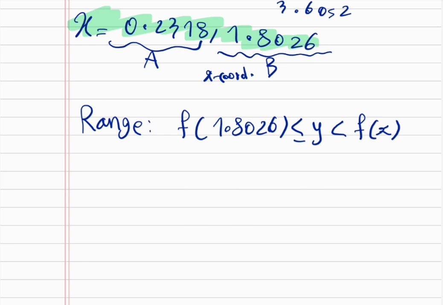It's basically calculation at this point. Substituting into the original function, here it gives you 1.047, and here is 6.26. So this is how you can find the range for this question.